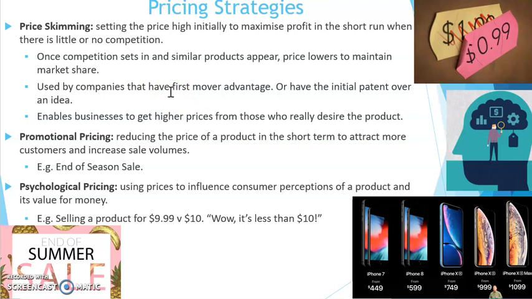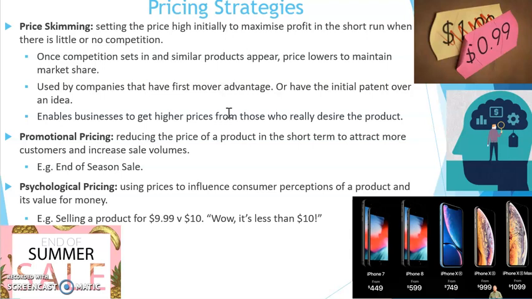And then over time, our business drops the price, and so people who are represented a little bit lower on our demand curve come out and buy the product. And this continues where the business is lowering that price over time and picking up new customers on the demand curve. Now, this is often used by businesses who have a first mover advantage.